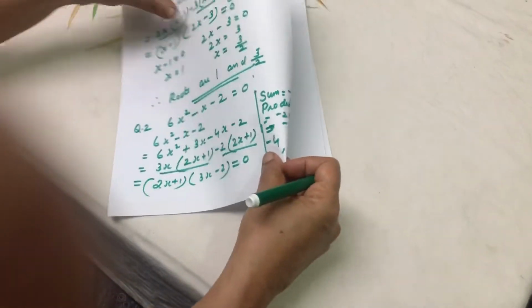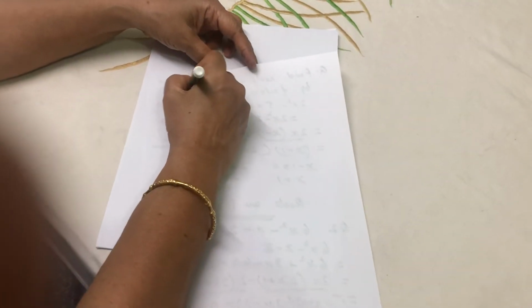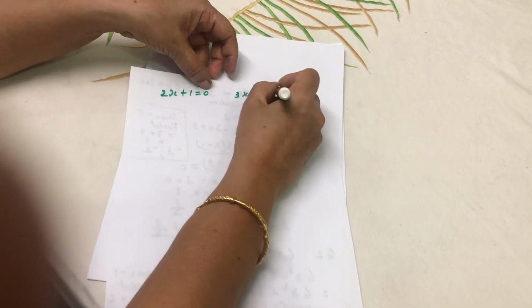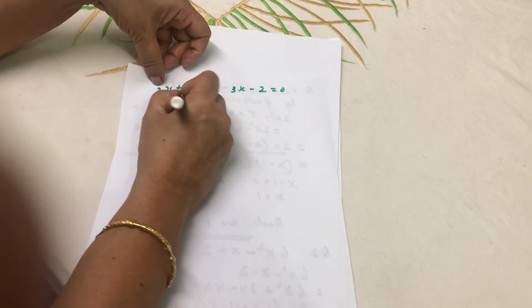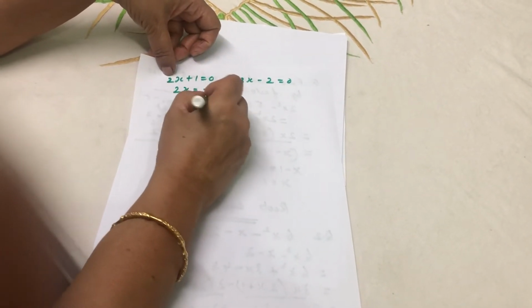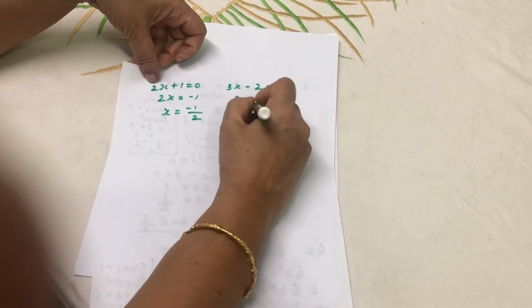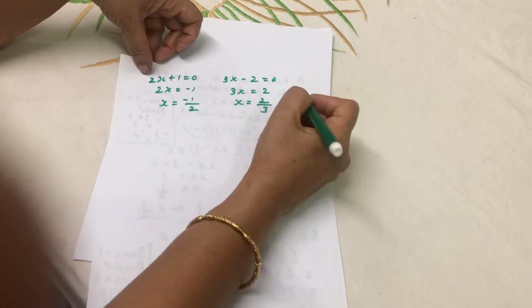Then you can write each factor equal to 0. 2x plus 1 is equal to 0, and 3x minus 2 is also equal to 0. So 2x is minus 1, x is equal to minus 1 by 2. 3x is equal to 2, x is equal to 2 by 3.